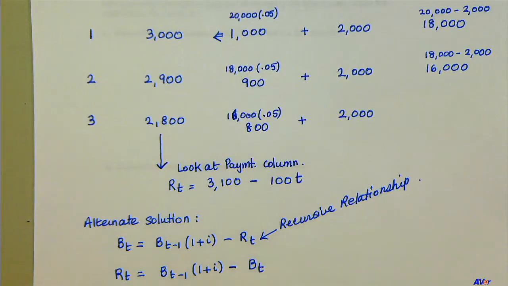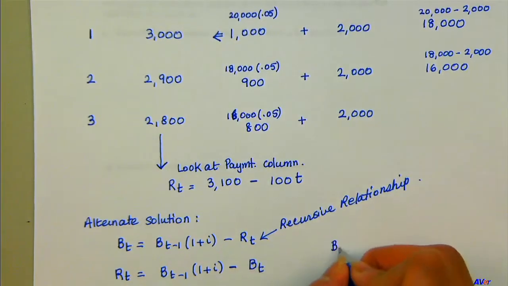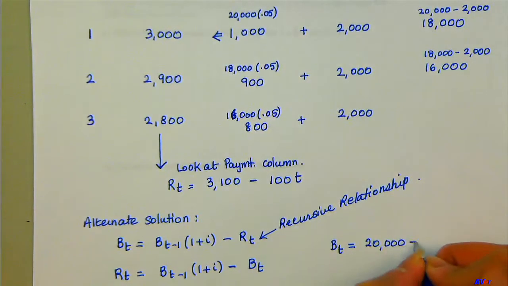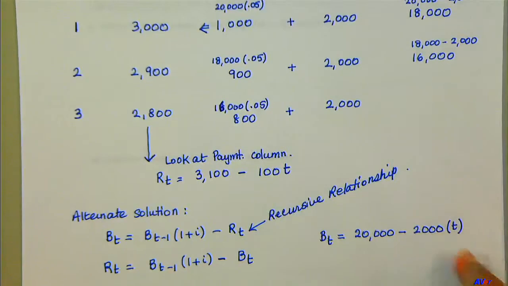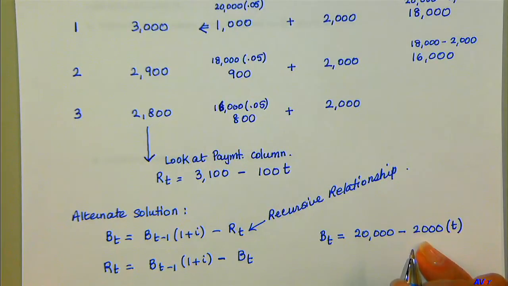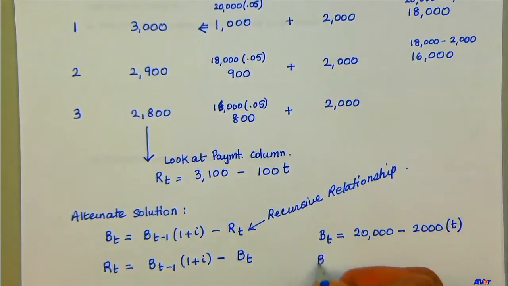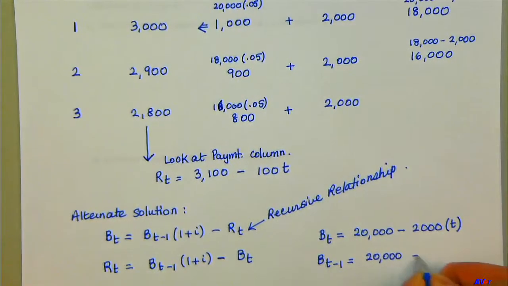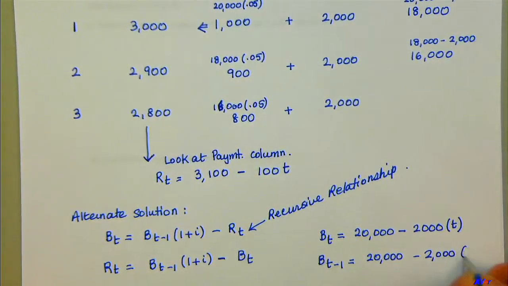And I know from the previous page that B of t is equal to 20,000 minus 2,000 times t, because every year I subtract a principal of $2,000, so at time t I have subtracted a principal payment of 2,000 times t. And I also know that B of t minus 1 is equal to 20,000 minus 2,000 times t minus 1.